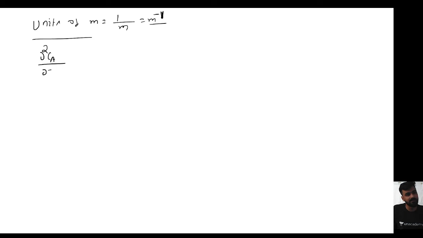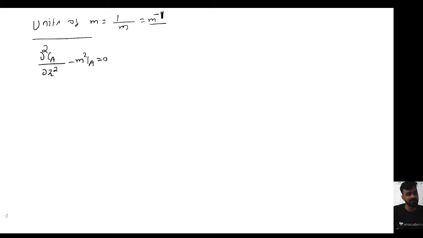So my dear student, next are the units of m. 1/m is in meters, so m is per unit length. Here you will get ∂²C_A/∂z² minus m² C_A equals 0.